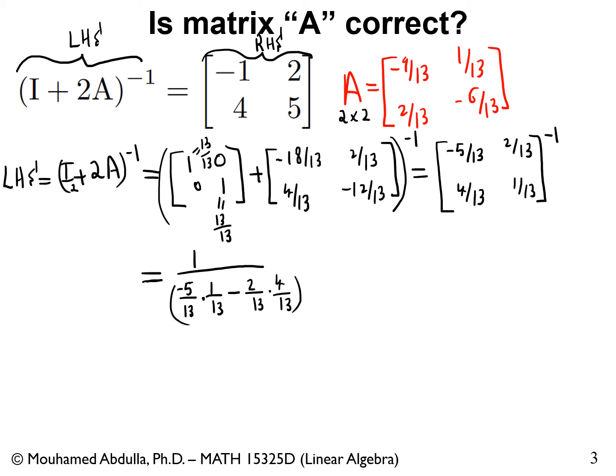And then we multiply it by the matrix with 1 over 13 here, minus 5 over 13 here, minus 2 over 13 here, and minus 4 over 13 here. So this is what we have.